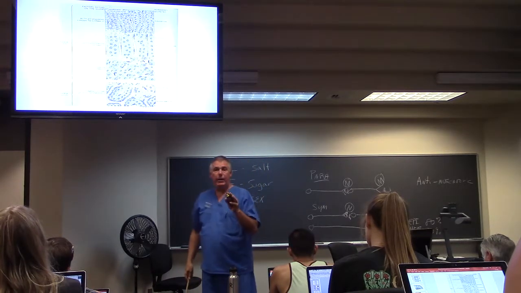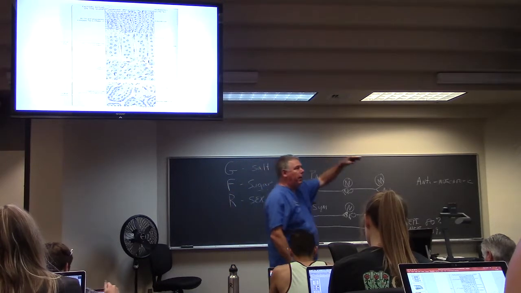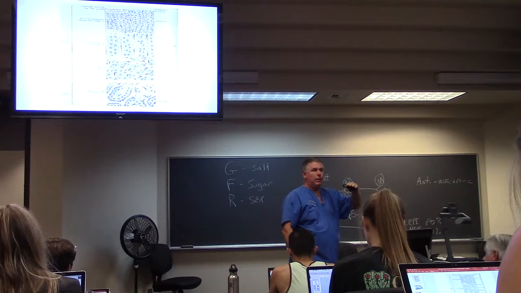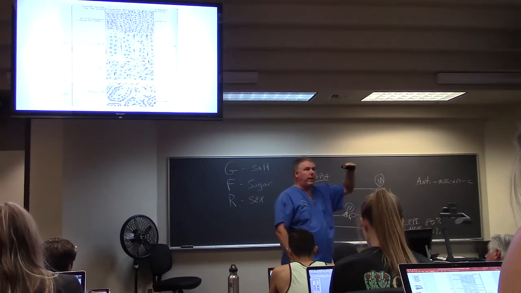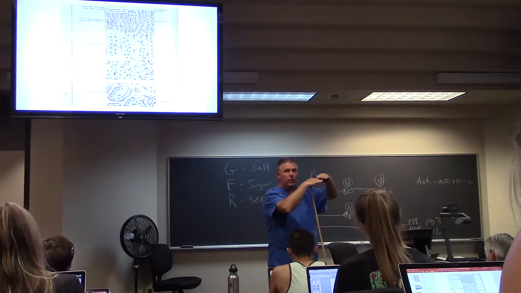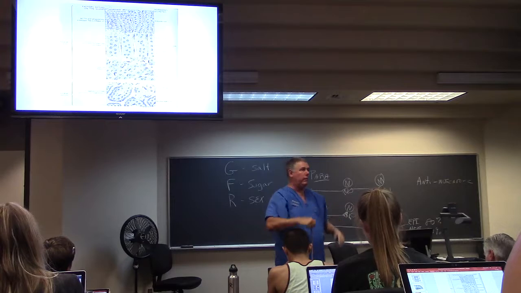Now here's the thing you need to know about the transition. The transition between the glomerulosa and the fasciculata is absolute. These secrete aldosterone, the cell right below it secretes cortisol. No two ways around it. They can't go back and forth.